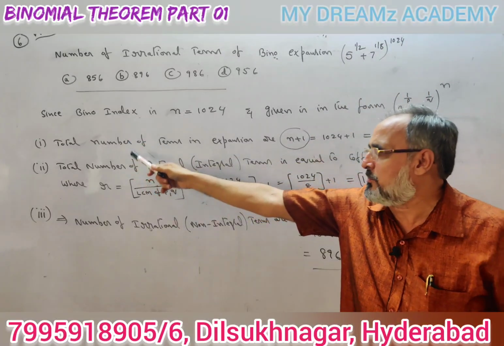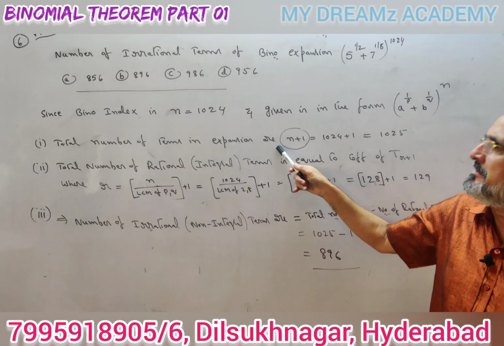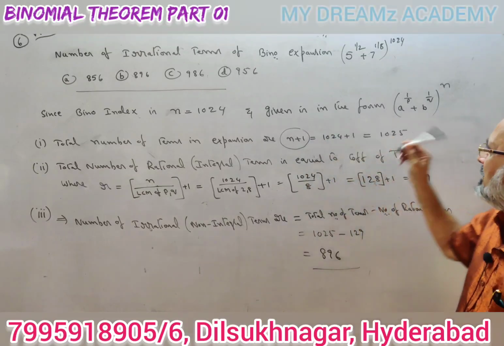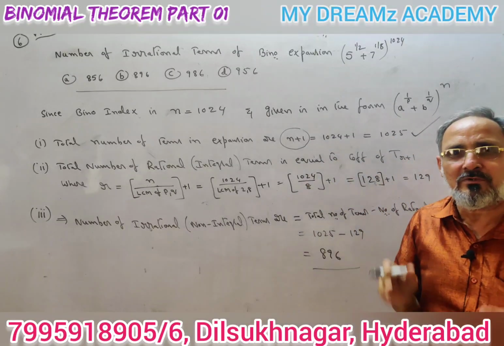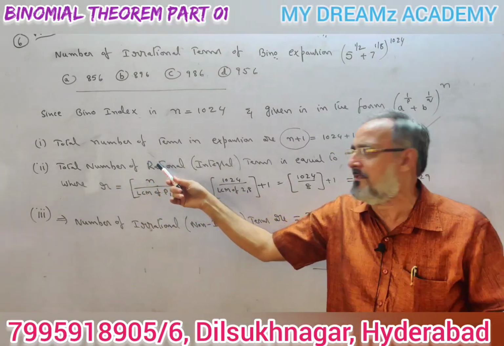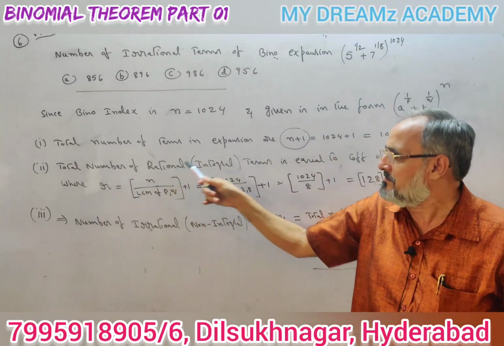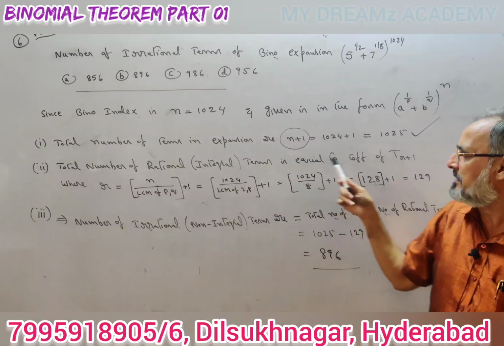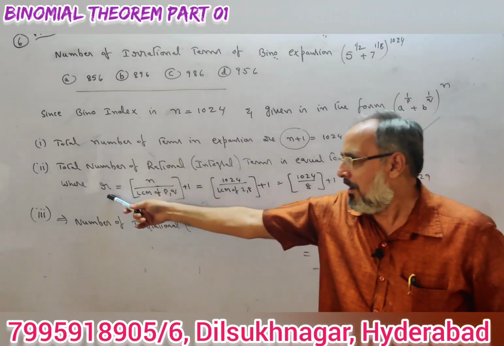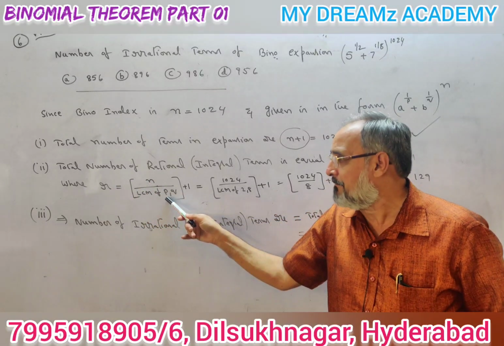When you want to find the total number of terms in the expansion, it depends upon the binomial index. Index n is 1024, so 1024 plus 1, 1025 total number of terms. In this, how many are rational, in other words integral, terms? The total number of rational terms is equal to the number of T(r+1), where r is n by LCM of p and q, plus 1.